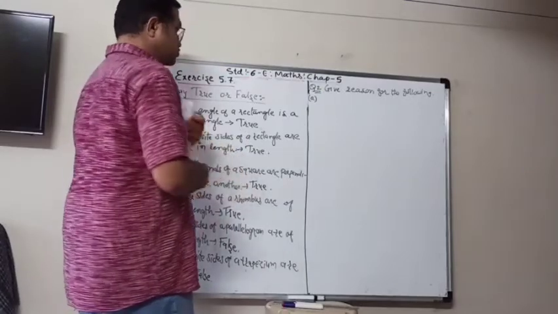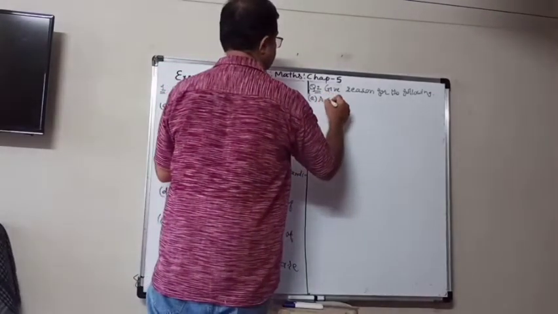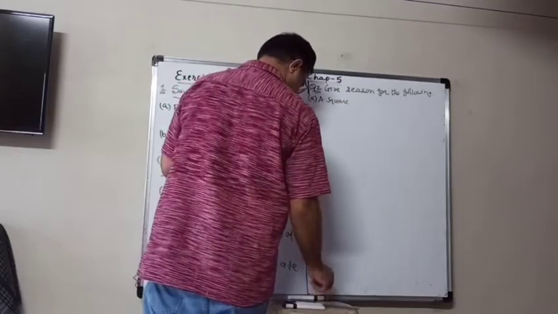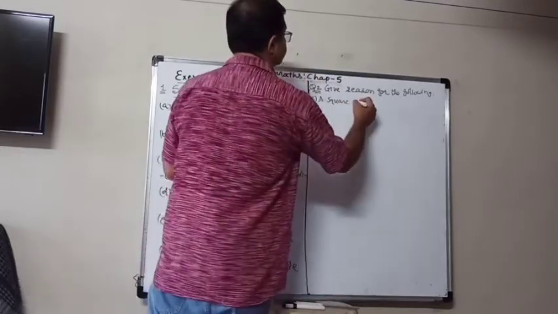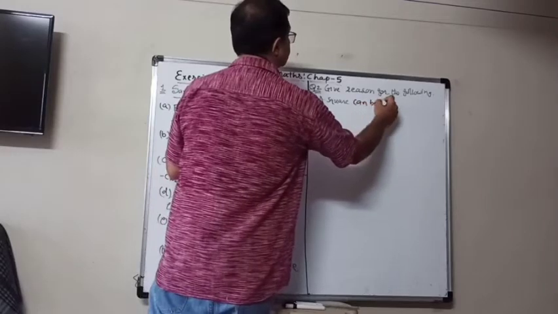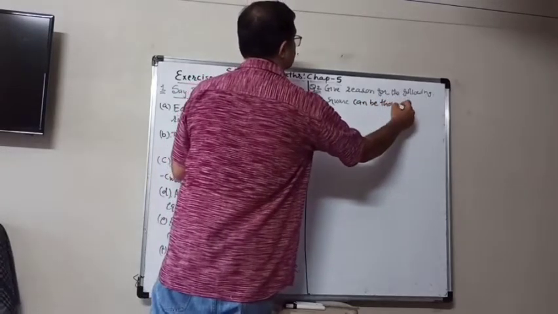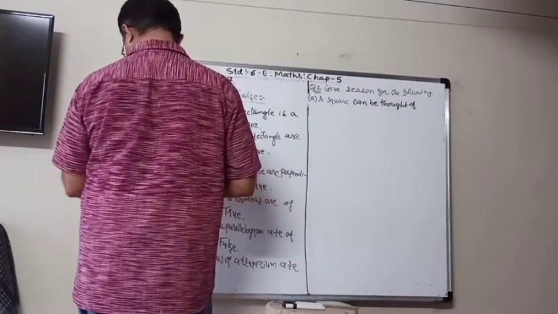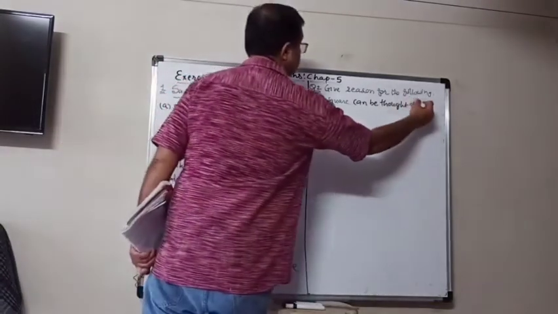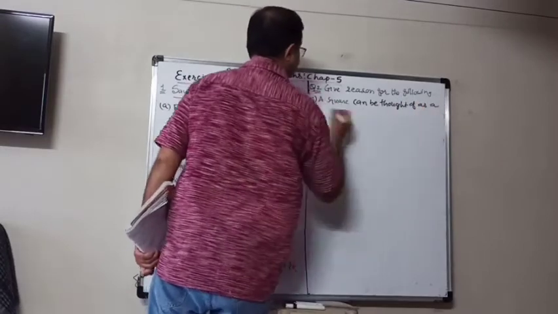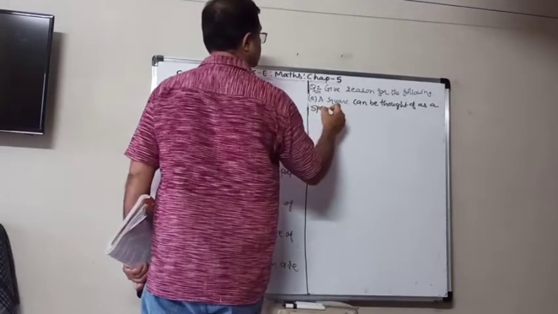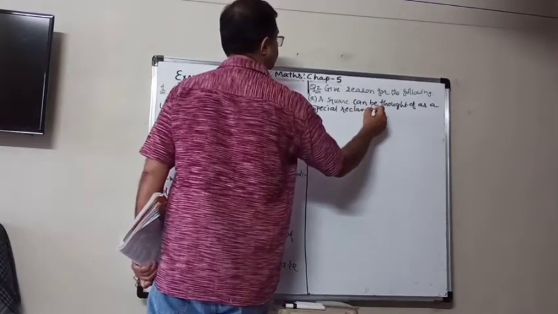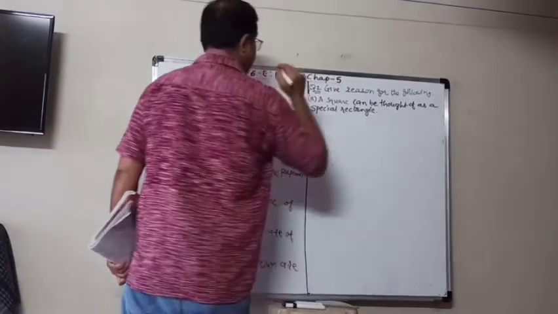First, a square can be thought of as a special rectangle. Now you understand.